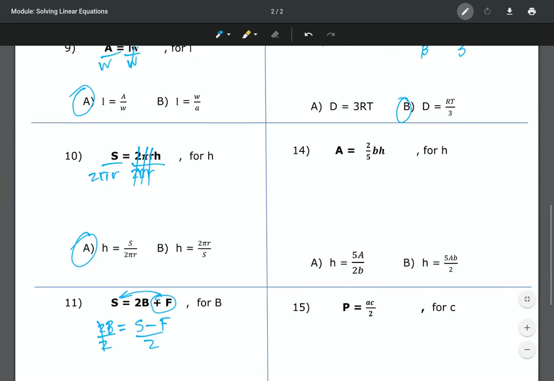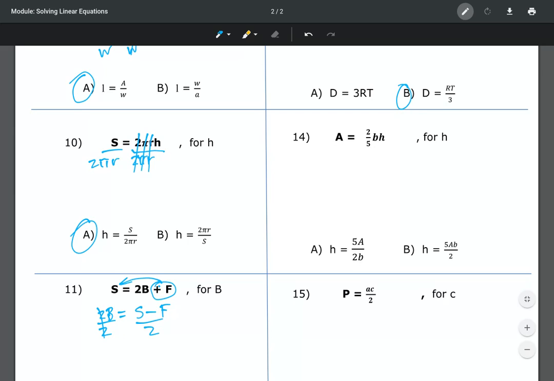All right, number 14. We're going to solve for H. So first of all, let's get rid of that 5. So we're going to multiply that by 5 to get rid of that denominator. Whatever you do to one side, you do to the other. And since I'm solving for H, I'm going to put this 2BH on the left equals 5 times A is 5A.